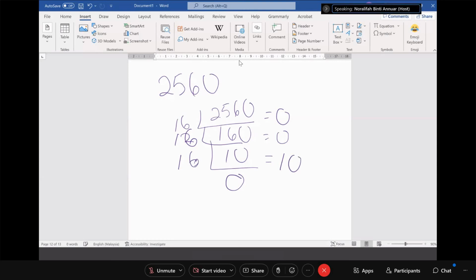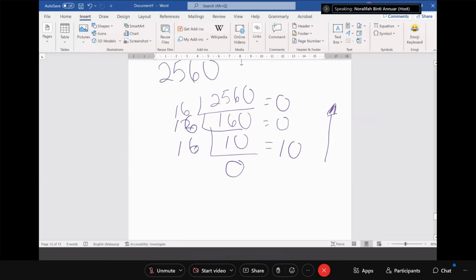Whenever you are asked to convert this decimal to hexadecimal, so bottom up. So what is your answer, guys? Ingat lah, 10 ni you kena ingat in hexadecimal. Yeah, good, Ralph.